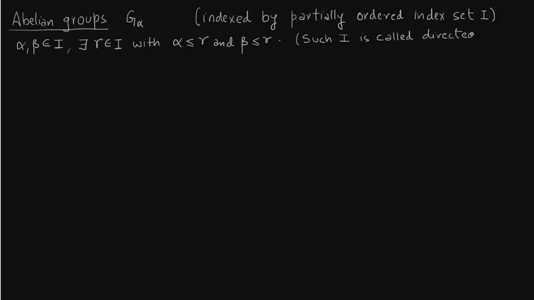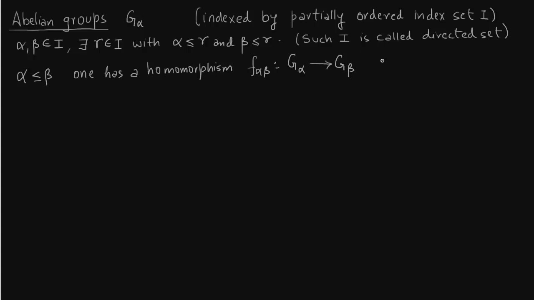Now for each pair like this, alpha less than or equal to beta, one has a homomorphism. So for this pair alpha comma beta, we will say alpha is less than or equal to beta. We have a corresponding homomorphism given as follows, F alpha beta. So basically you are going from one group to another group. Now this is such that F alpha alpha is the identity for each alpha.